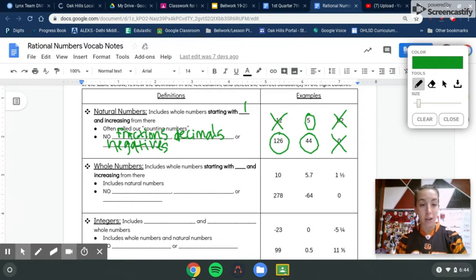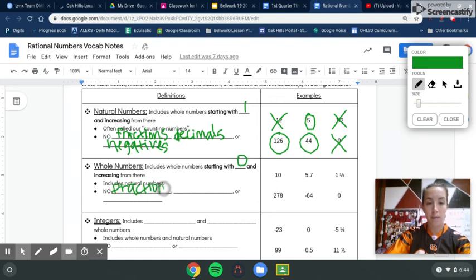Okay, then we have whole numbers. Whole numbers include natural numbers, but this time they start with 0 and increase from there. So whole numbers and natural numbers are very, very similar, except for they include the number 0. So once again, there are still no fractions, still no decimals, and still no negatives.